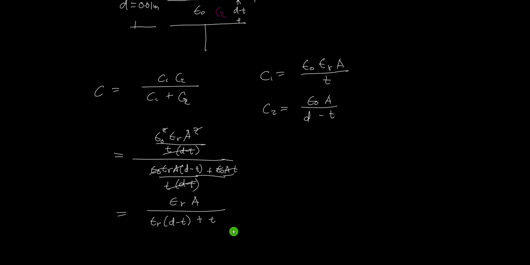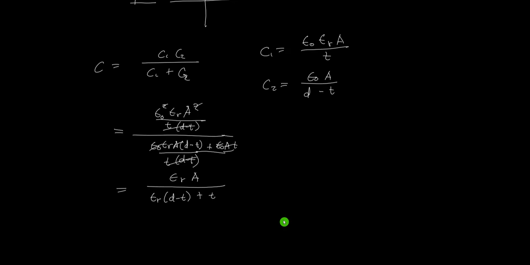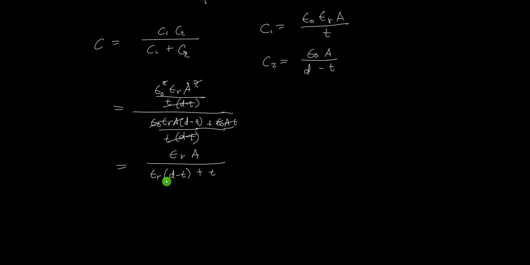And then we can have that formula already, or we can still try to simplify that formula. Actually, this is already okay. We can distribute epsilon R. Then we can factor out T if you want, but this is okay.